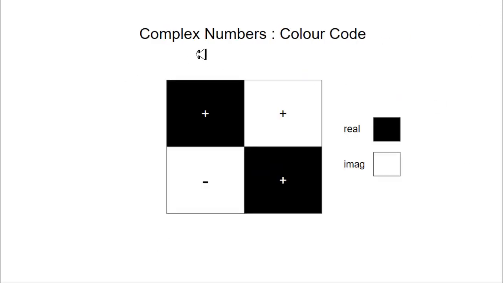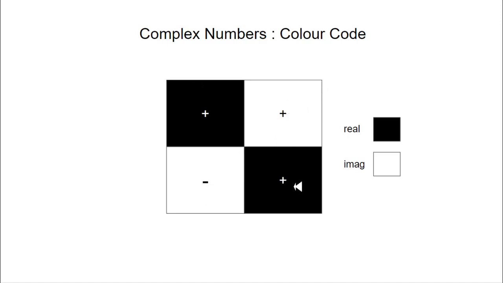So let's start with the complex numbers. Okay, so complex numbers, in the way that I am teaching complex numbers, form a 2x2 matrix. So the complex number has a real component, which occupies the forward diagonal of the 2x2 matrix, and you have the imaginary component that occupies the backward diagonal of the 2x2 matrix.